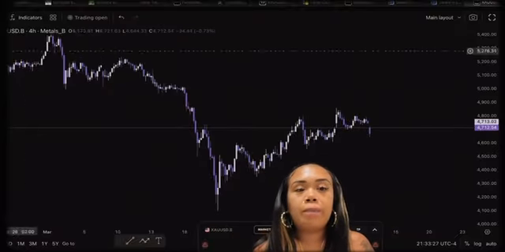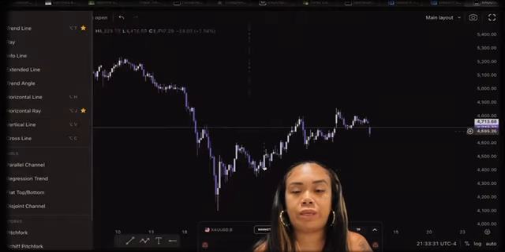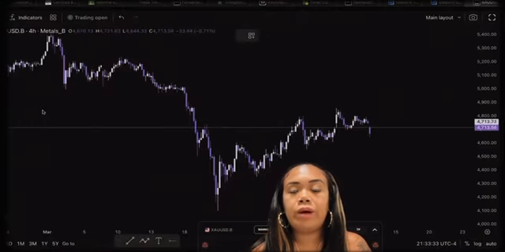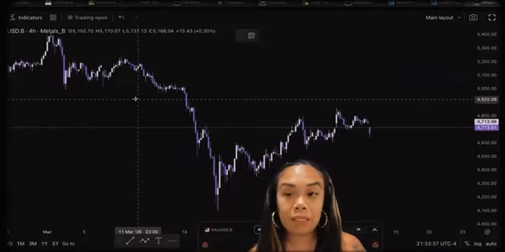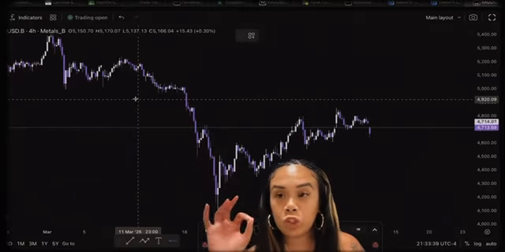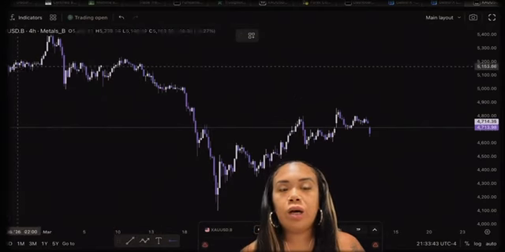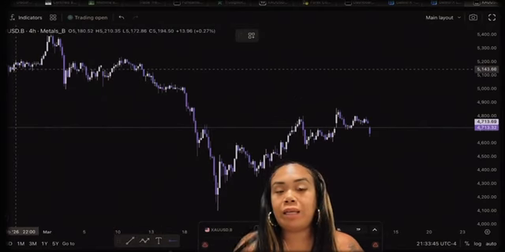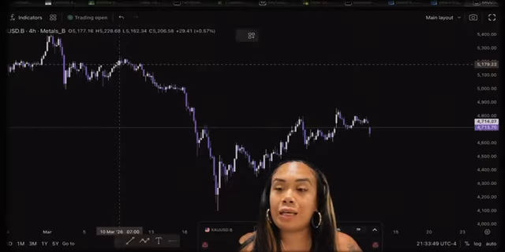So I'm going to pick this tool right here. It's going to be the horizontal ray. I'm going to apply it and put it in a place where I see multiple taps on the top. When I say multiple taps, basically candles that are lingering within that same price point.